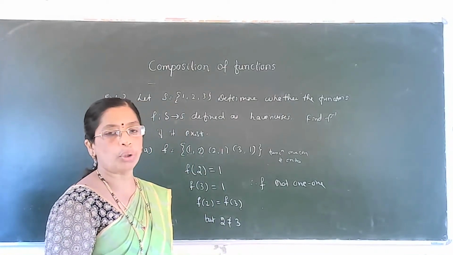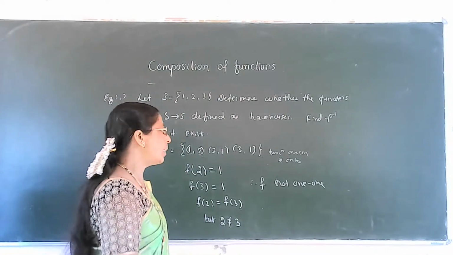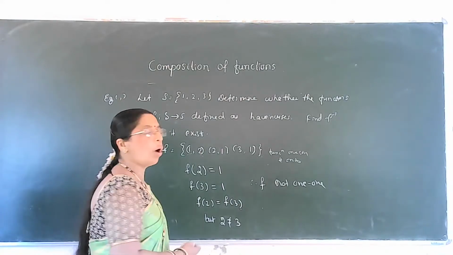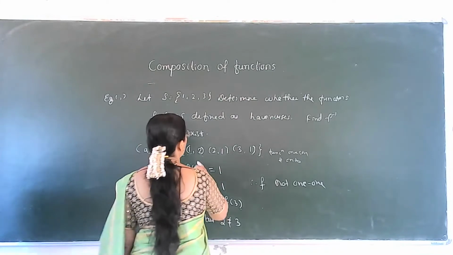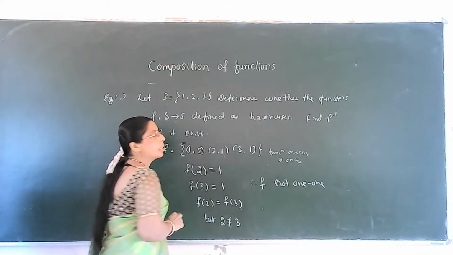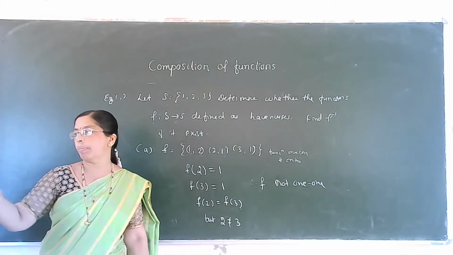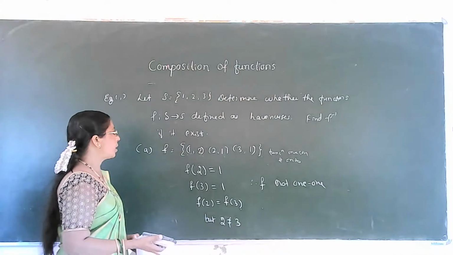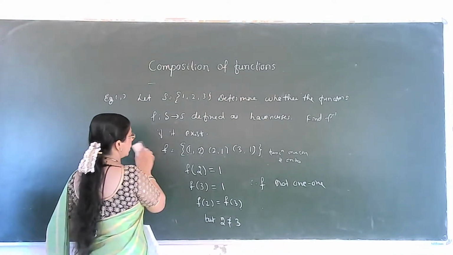If the function is one-one and onto, then only it's invertible. But here it is not a one-one function. Also it is not onto, because 3 is not an image here. That is, not one-one and not onto. Therefore, the function is not an invertible function.